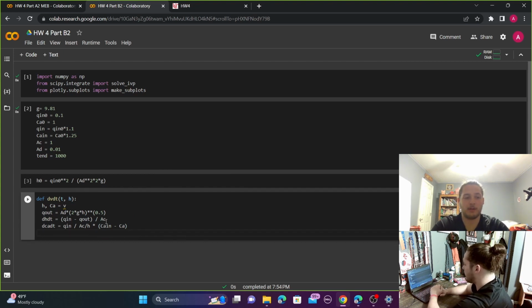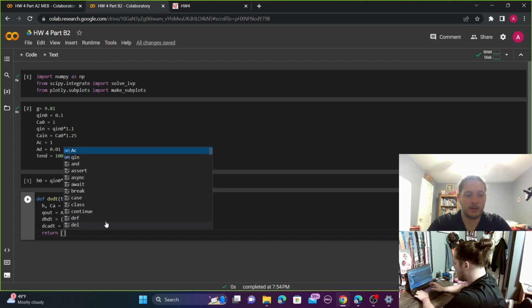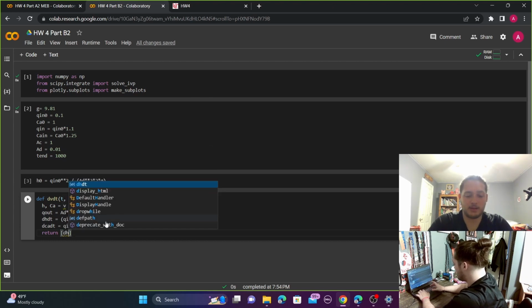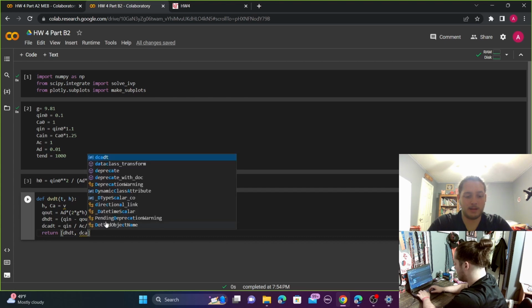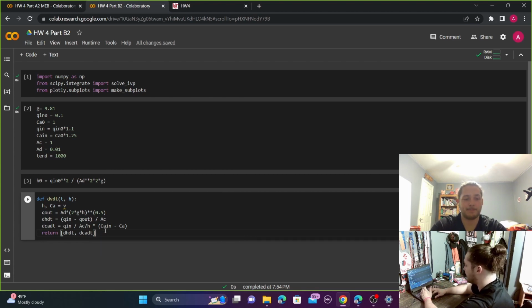So once we have all of those statements listed, we are going to want to return our dH dt and our dCA dt, which were our two functions that we had derived in part B1.